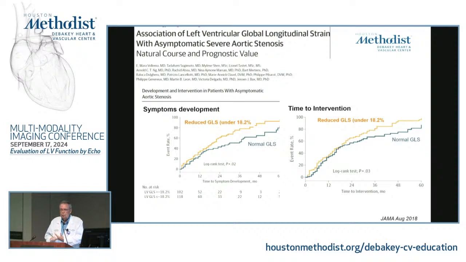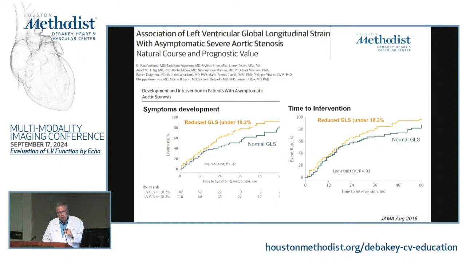Do we have something new? Do we put them in a transplant program sooner? So the clinical decisions of what to do with that information still need to be resolved. But the data is becoming very strong that global longitudinal strain is certainly more powerful than ejection fraction in predicting risk in heart failure patients.